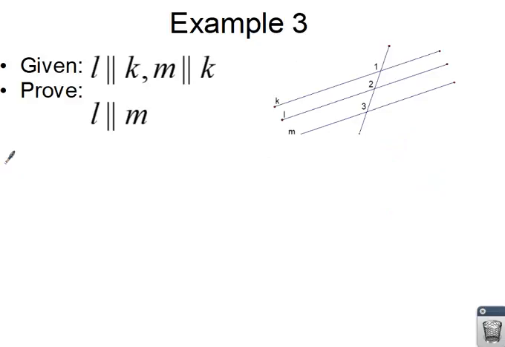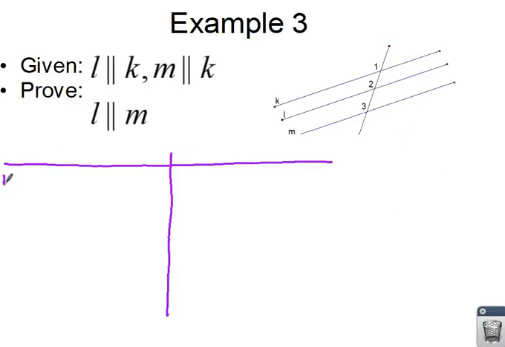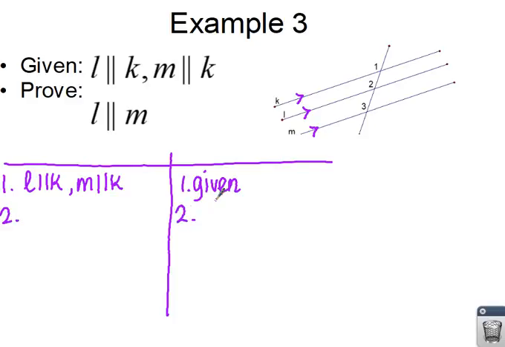Alright, one more. And we're not proving any theorems here, so we can use everything. Alright, first step, copy your givens. And then we'll go ahead into the picture and we'll draw these in. So it says L is parallel to K and M is parallel to K. Uh-oh, you should be able to figure this out real quick.